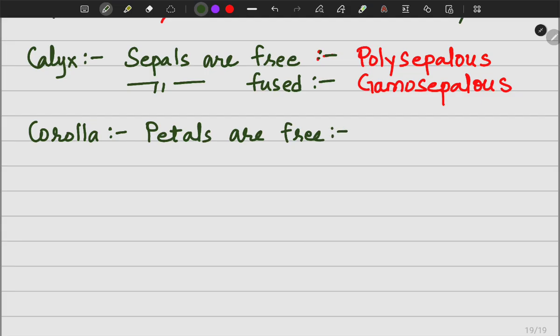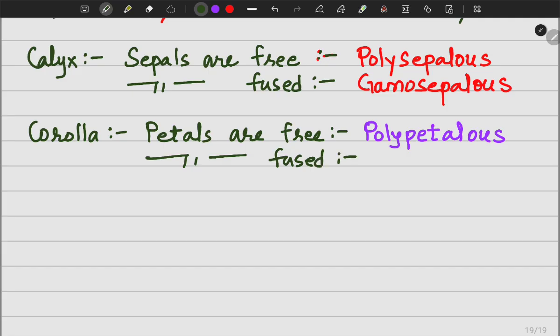That type of flower will be called polypetalous. If the petals are fused, we will call it gamopetalous. All right. So I hope these terms are clear to you.